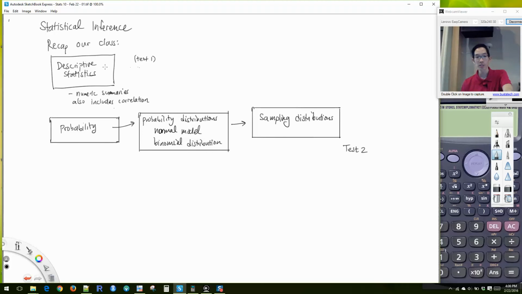So test 1 covered all of descriptive statistics, including correlation and linear regression. Test 2 took us from probability to probability distributions and sampling distributions. And these two topics come together into statistical inference.